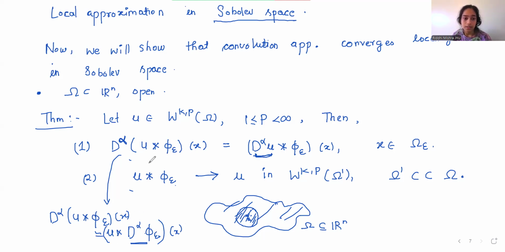But this equality is something new, because you are transferring this derivative to your first component, and this happens because u has a weak derivative, because u belongs to the Sobolev space and has a weak derivative by definition. So you can transfer the derivative to your first. Okay, so how the proof goes.